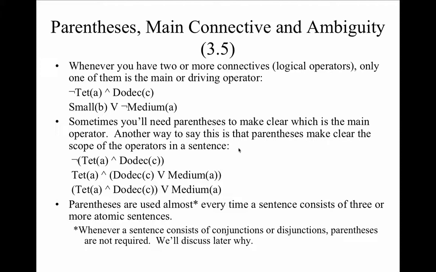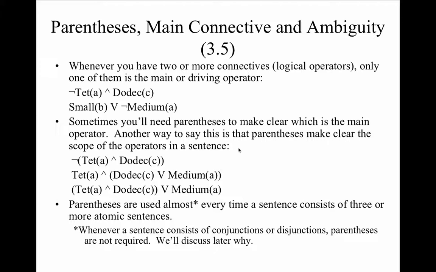Notice that the disjunction is bound by a set of parentheses. So the sentence, either C is a dodeck or A is medium, acts as a unit. That means then that the conjunction governs the sentence as a whole.